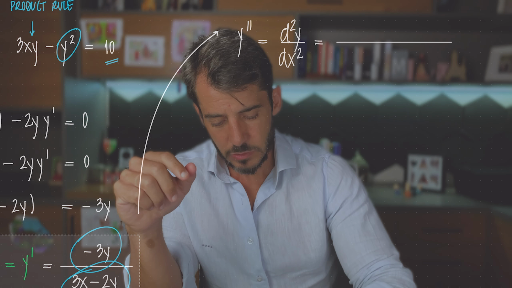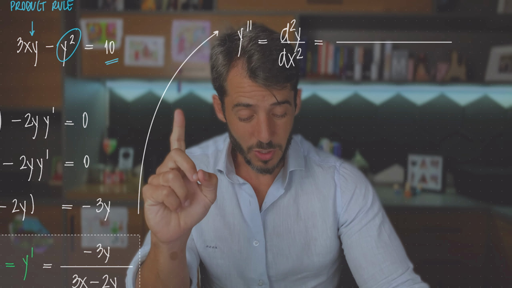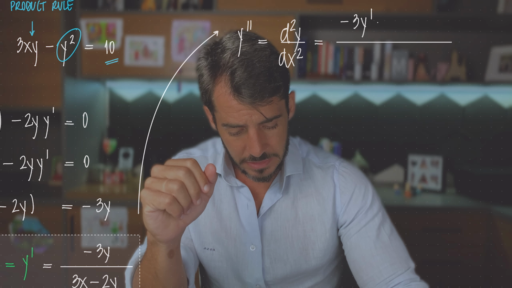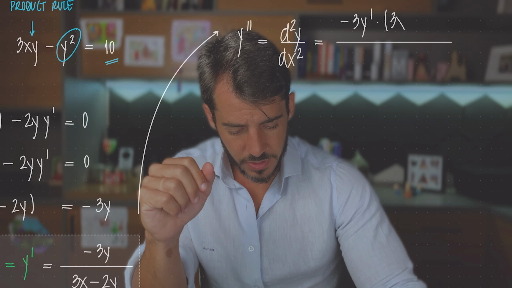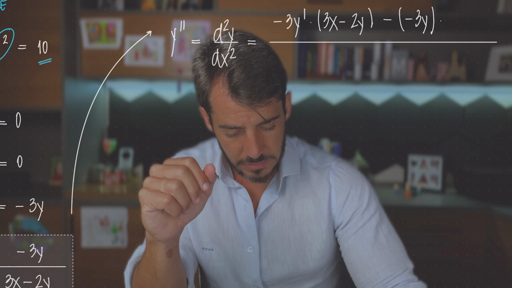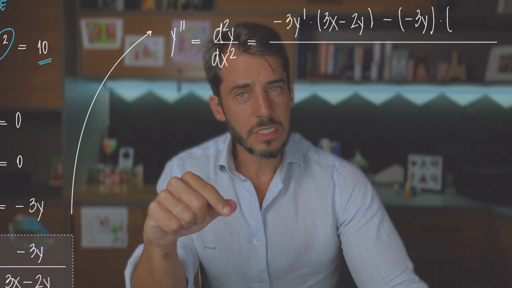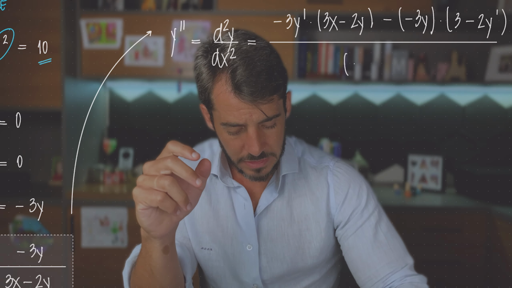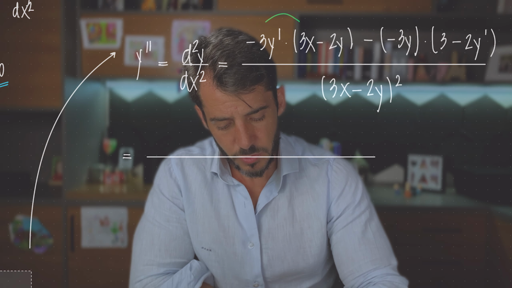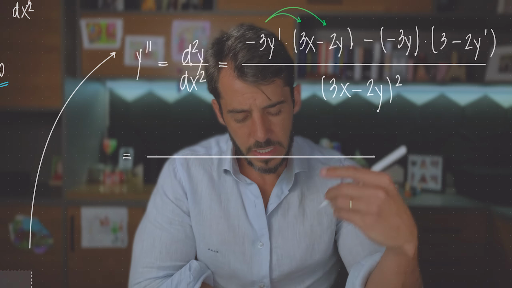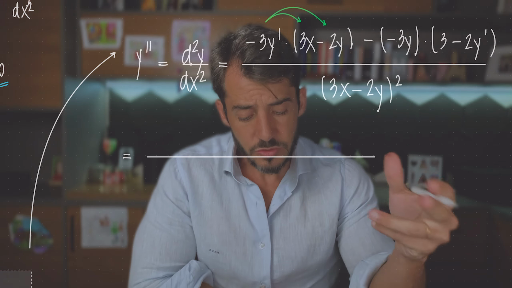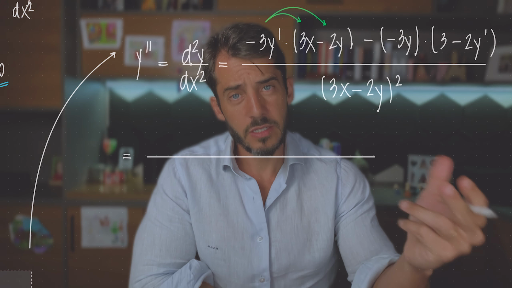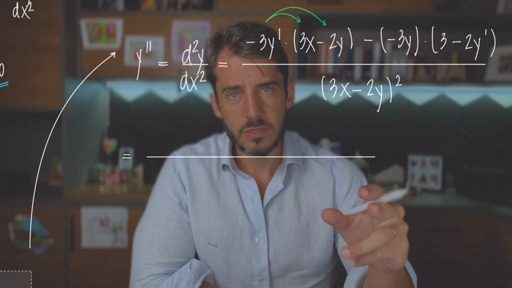So keeping that in mind, we have the derivative of the term on top, which is negative 3, careful here, y prime, times the denominator, minus the top one times the derivative of the denominator, which is 3 minus 2y prime, over the denominator squared. Now let's just FOIL these first, before the next step, which, if you're guessing, is to replace all the y primes by dy dx, the dy dx that we found in the previous part. But let's FOIL it first.